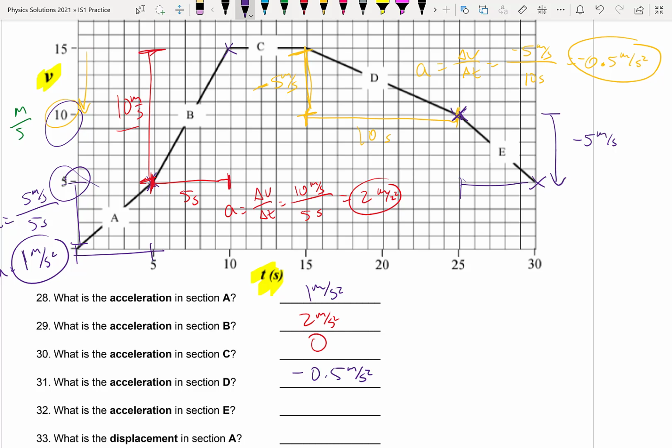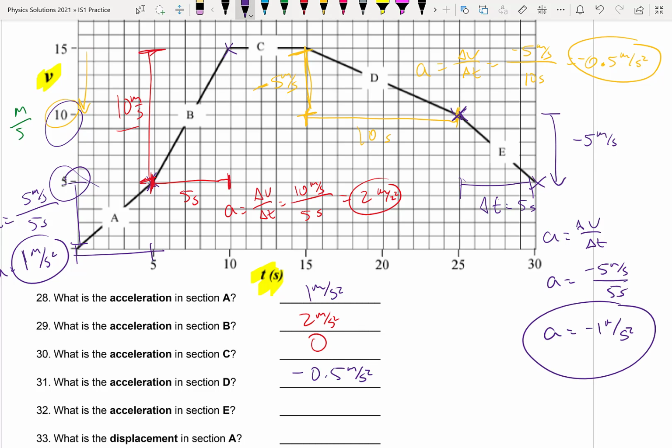And then again, the change in time is 5 seconds. Acceleration is the change in velocity over the change in time. So the acceleration here is -5 meters per second divided by 5 seconds, which gives me an acceleration of -1 meters per second squared. And that goes in here.